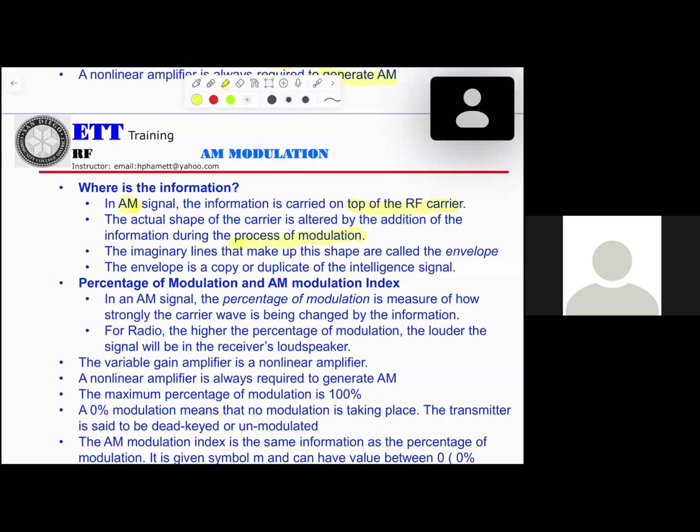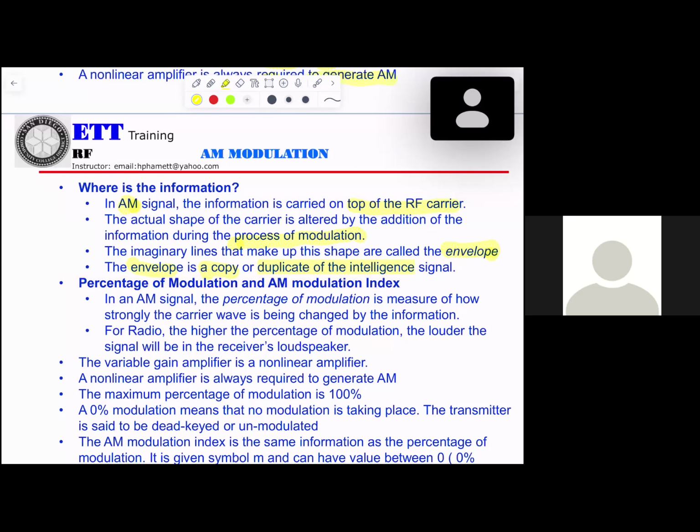The lines that make up this shape are called the envelope. Okay, the envelope is a copy, or duplicate, of the intelligence signal.